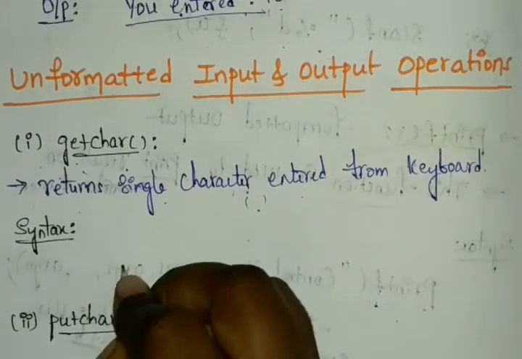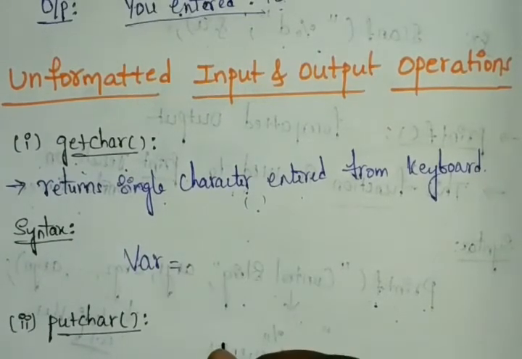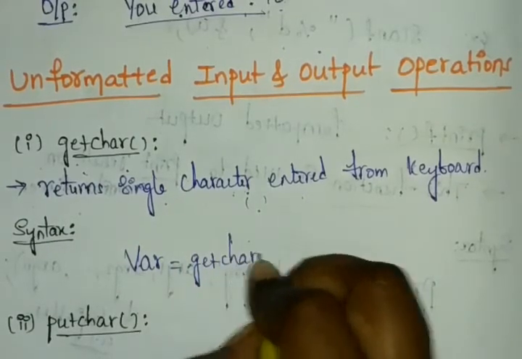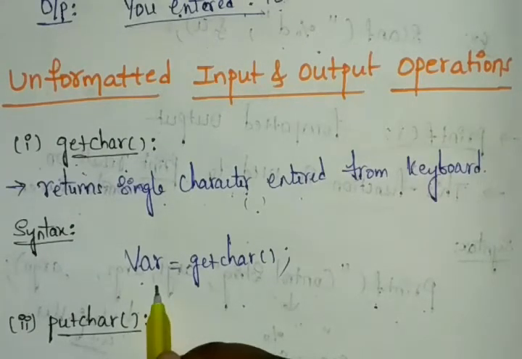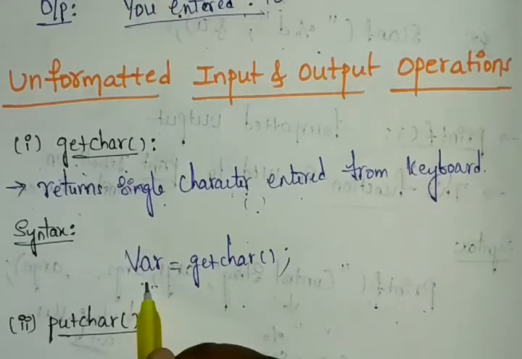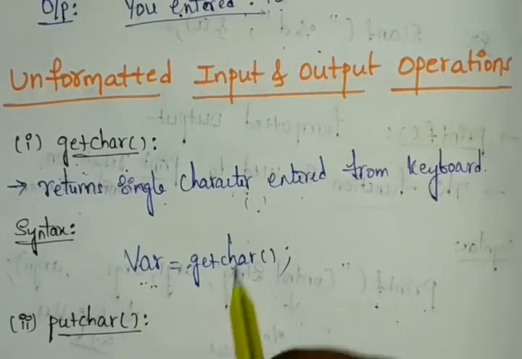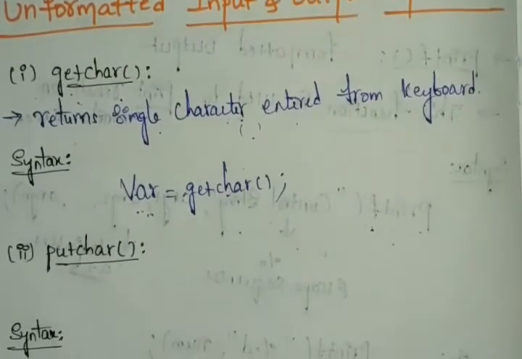Just see: var, which means variable, equals getchar. Here var is our variable, which identifies the character given by the user. Get means we are getting the value.